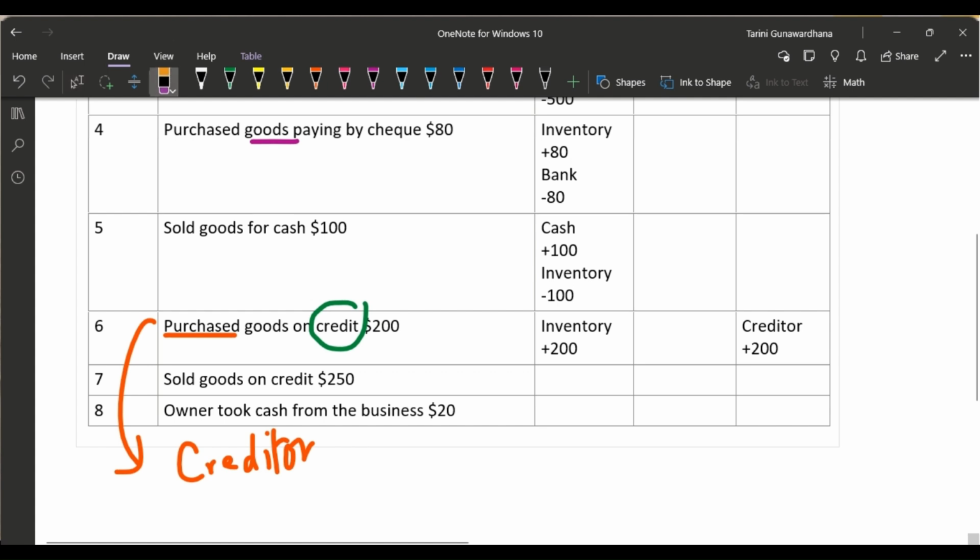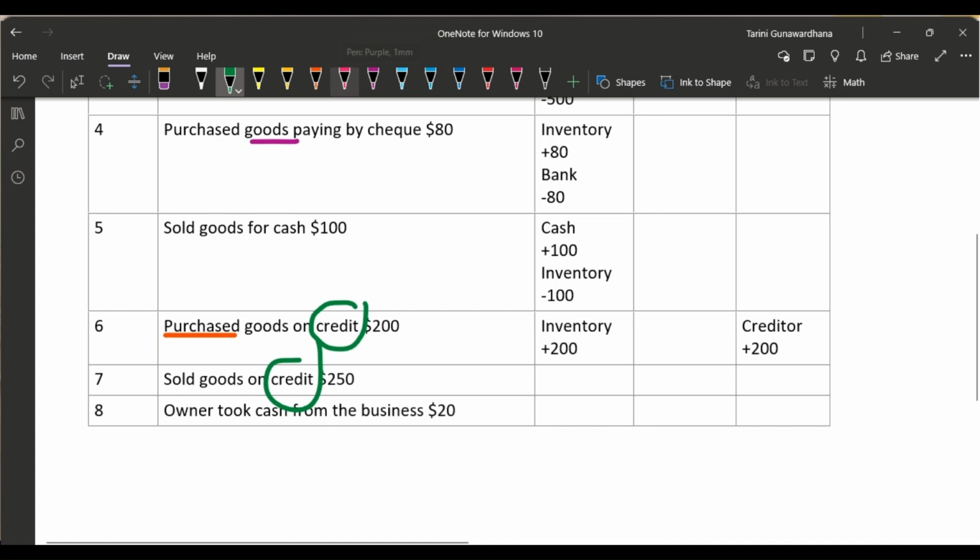Okay, question number 7. Sold goods on credit 250. Now here again a credit thing. But in this case it's a sale. So we are selling some goods and the customer says, okay, I will buy your goods now but I will pay later. That means it's an asset, right? Because in the future, someday, I will get my money back.